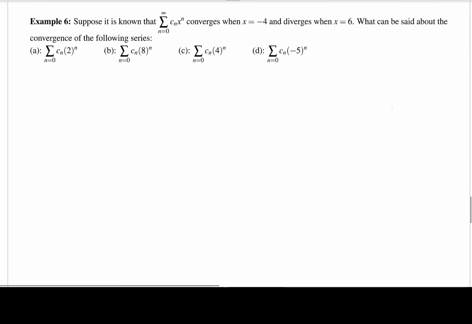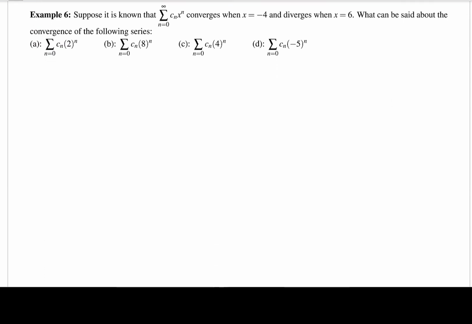Okay, now let's look at some different styled problems. Here on example 6, we're given some power series, and we're told that it converges at x equals -4, and it diverges at x equals -6.